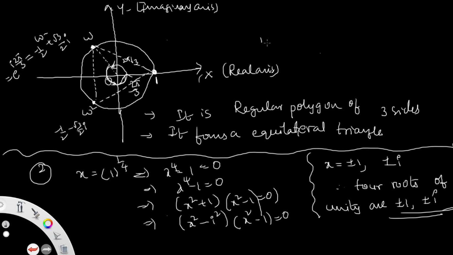In the same way, we can draw the four roots of unity in the Argand diagram. Make a note, and next I am going to the next page.